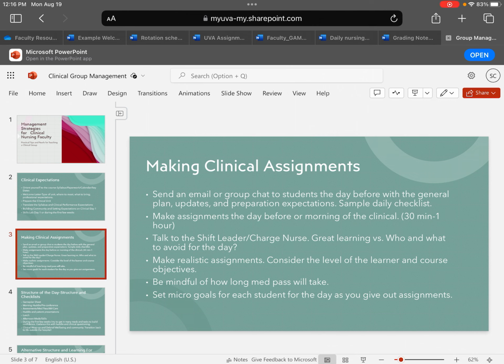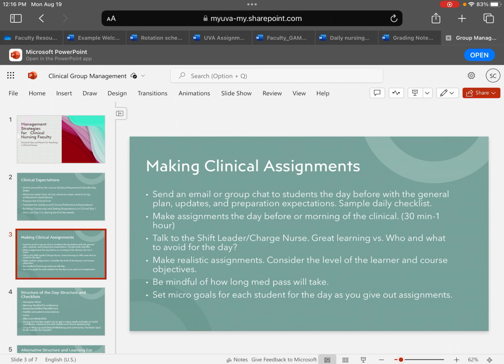So when I make assignments, I spend quite a bit of time looking at their med list just to make sure I have a good balance of what I'm able to realistically accomplish in the morning. And then how I can make sure that my other students are getting some opportunities to do some medication critical thinking, judgment, and skill as well. And that really helps balance out.